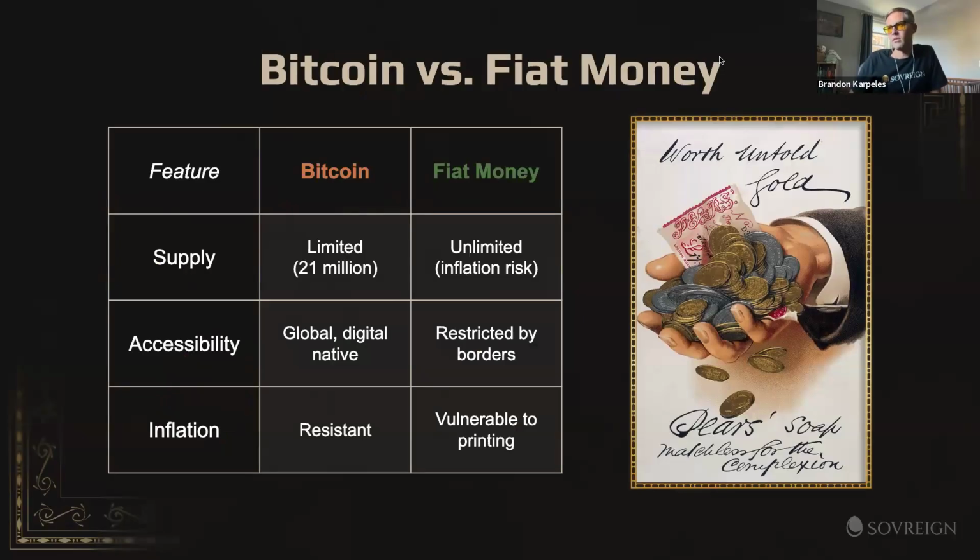And this is the last slide. This is kind of a summary of all the stuff that we've talked about in the first couple seminars here. Bitcoin is fixed in supply. It's limited. There will only be 21 million. Fiat money, people ask a lot of times, what do you think the price of Bitcoin is going to be?